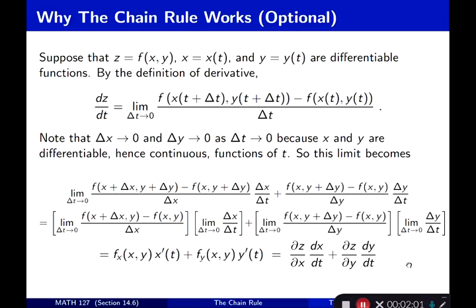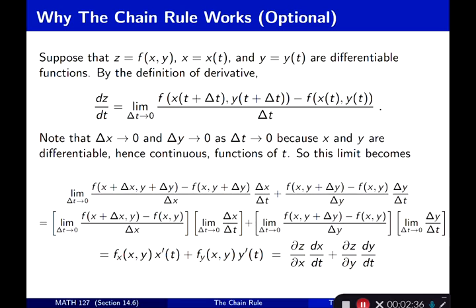Now, why the chain rule works. This is kind of optional. There is a proof similar to the chain rule of one variable in single variable calculus. When you're talking about the derivative of z with respect to t, you're talking about the limit as delta t goes to 0 of f of x of t plus delta t and y of t plus delta t, minus f of x of t and y of t, over delta t.